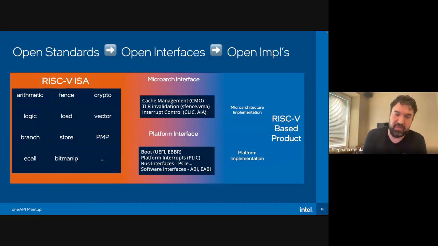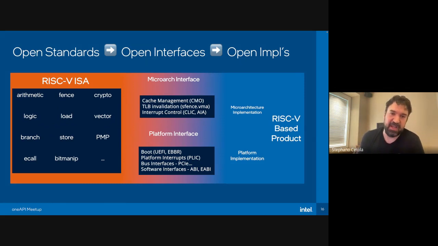I talked a little bit about the base ISA, about the arithmetic, branch, load and store facilities that the base ISA has. But in order to create a product, we need that in-between stage, the microarchitecture, stuff like cache management, TLB invalidation, platform stuff that I'm sure many of you know of, standardization efforts like UEFI, bus interfaces like PCIe.